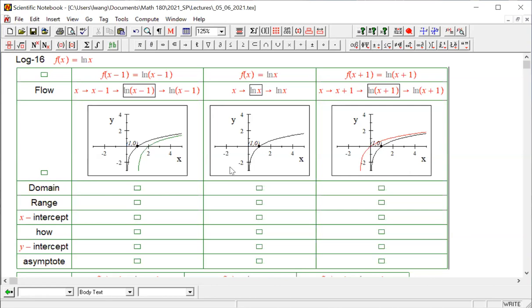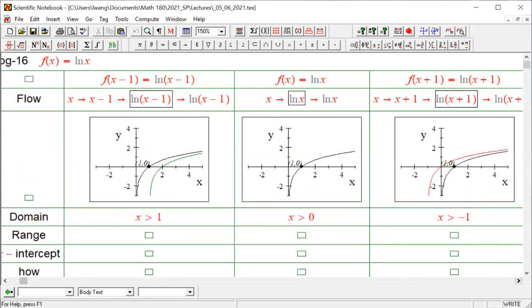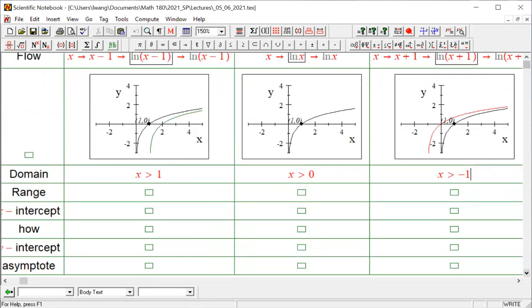Okay. Domain. Right, domain is good. Range: all real numbers. Range is the same, right?